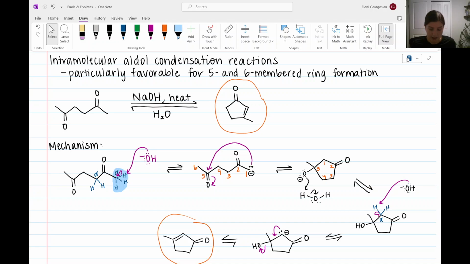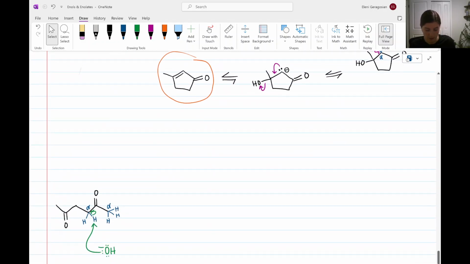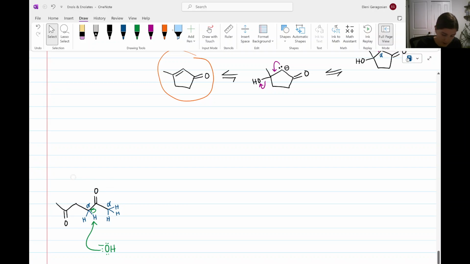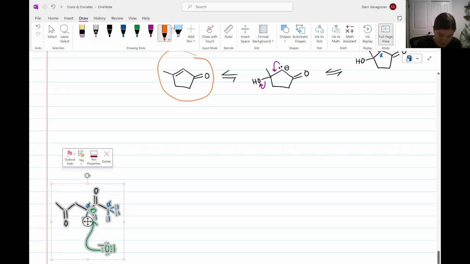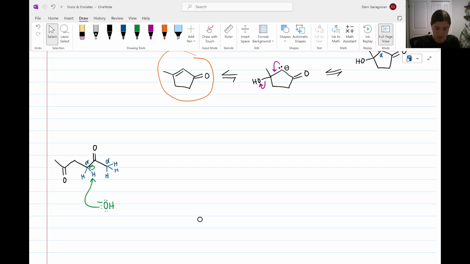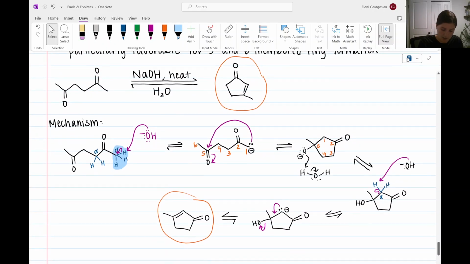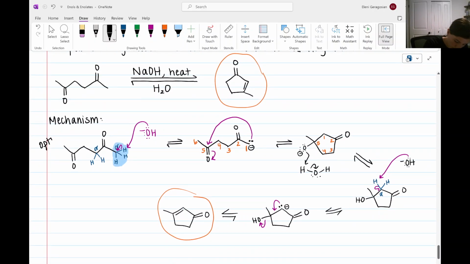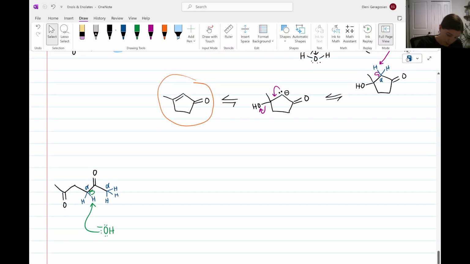So if we go back and let's think about removing the other alpha hydrogen. So let's say this is option 1. And this is option 2. As far as possible alpha hydrogens that could be removed. So we've already shown the arrows here.